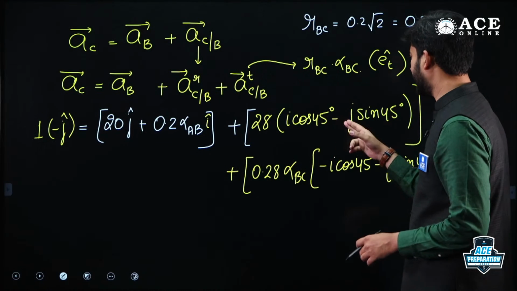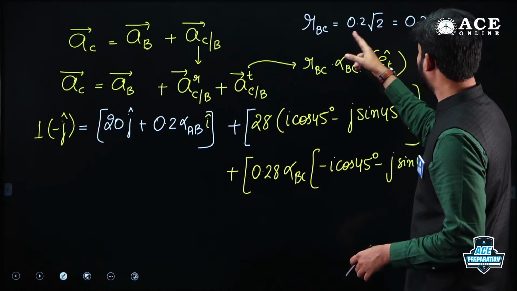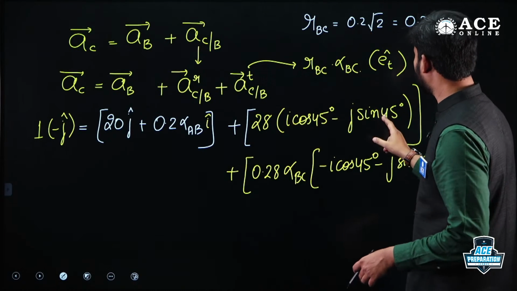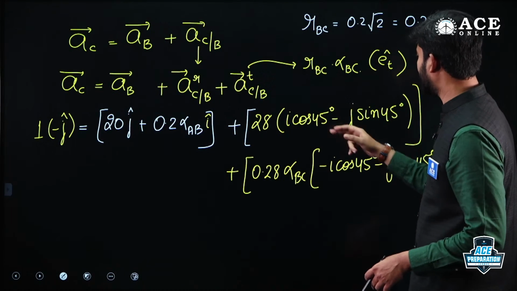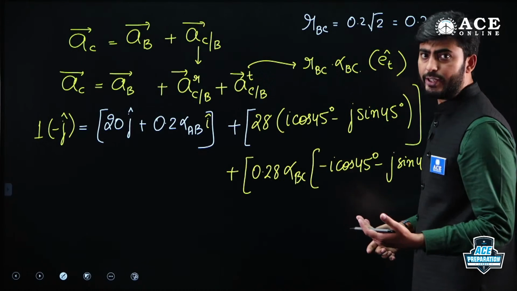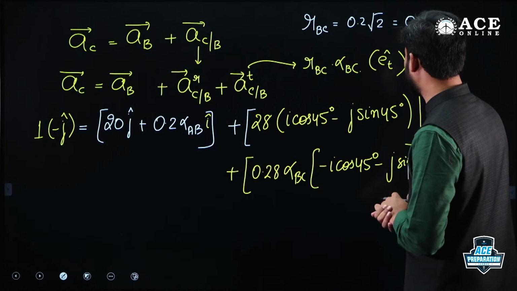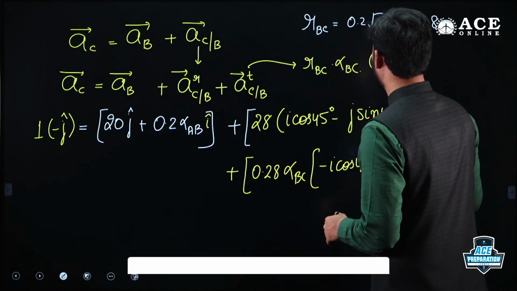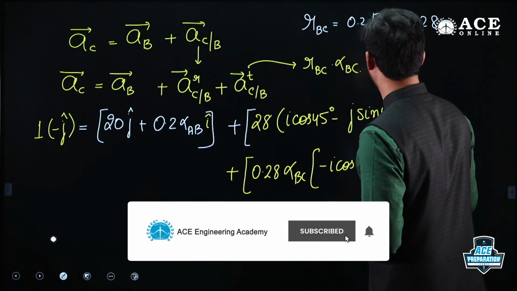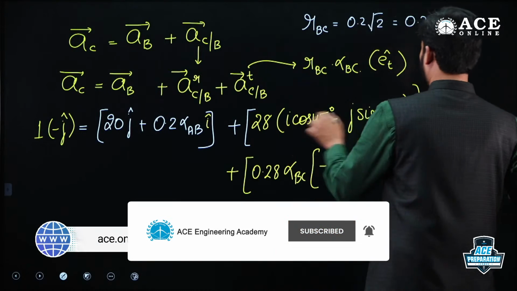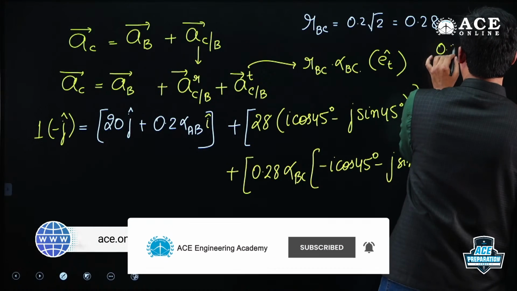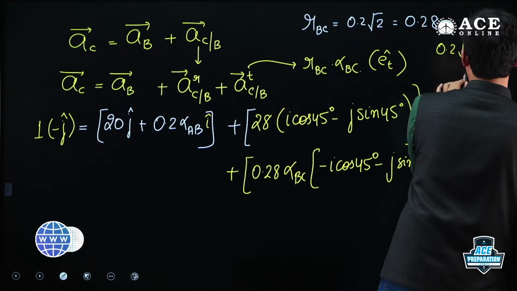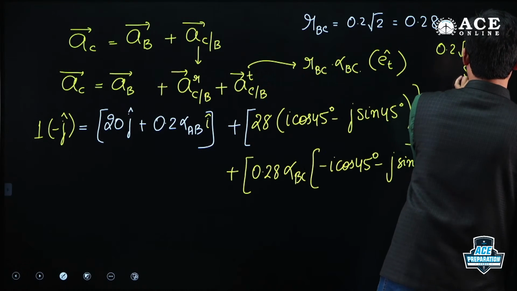R_BC is root 2 times 0.2, so this is 0.2 into root 2 into 10 square into sin 45.